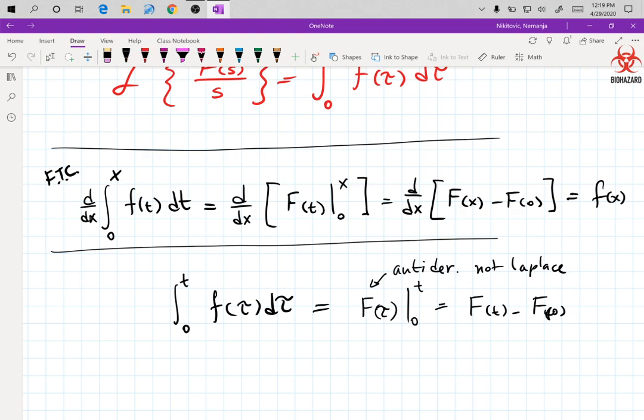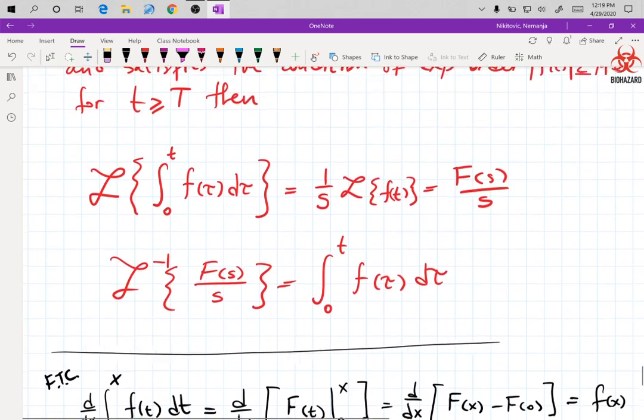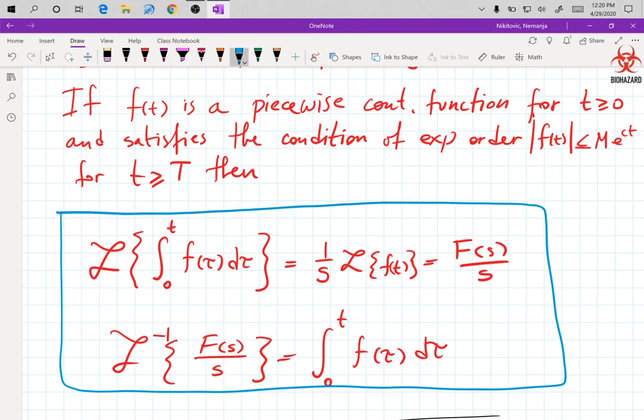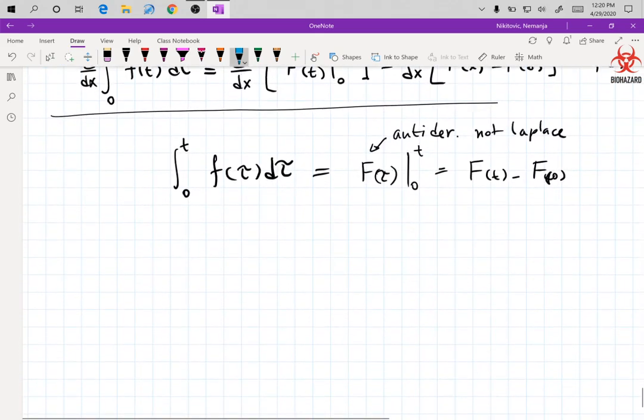So that's explaining this formula. So we have our formulas here, and now we can go ahead and transform some integrals and do Laplace transforms and a whole bunch of other stuff.